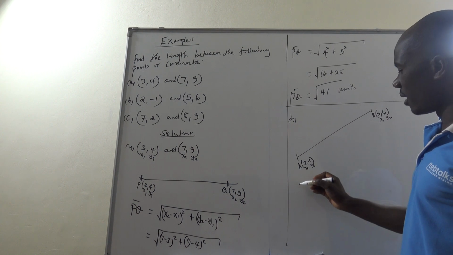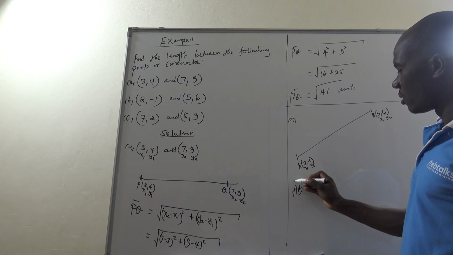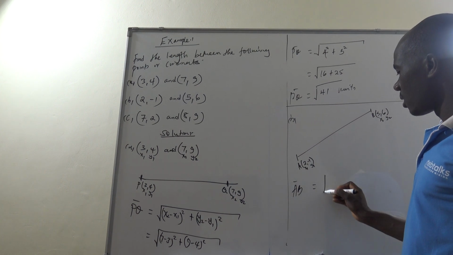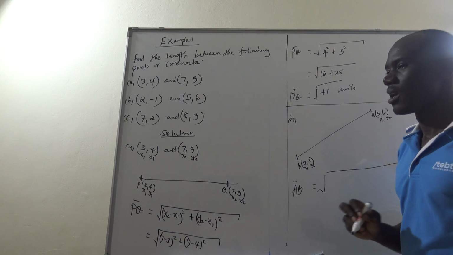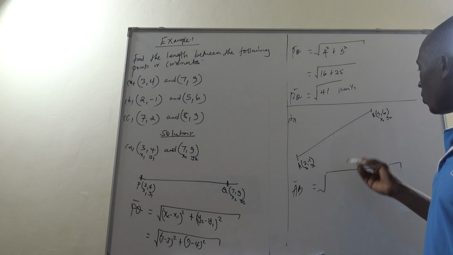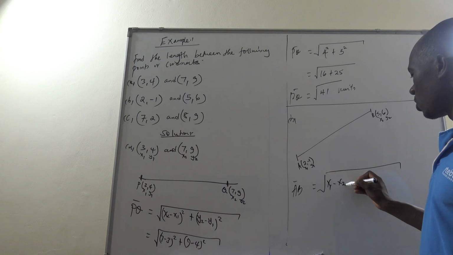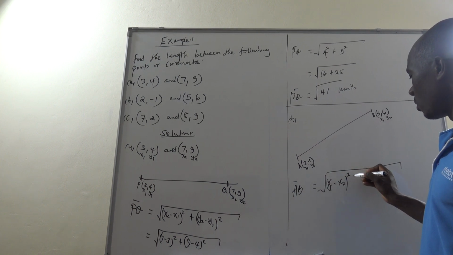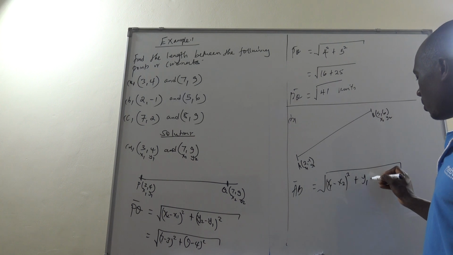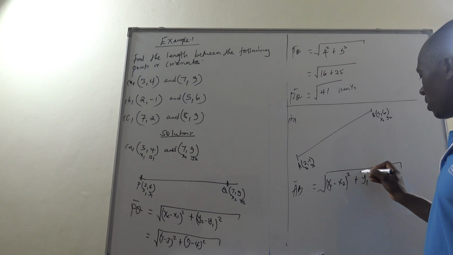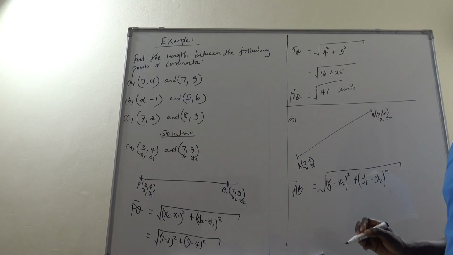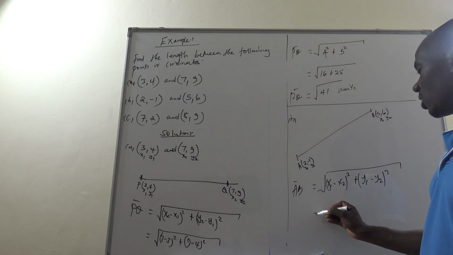So how can I get length AB? To get length AB, I can say root of the change in x coordinate, x1 minus x2, the whole of it squared, plus y1 minus y2, the whole of it squared. Even if you start with x2, it will still give the same.